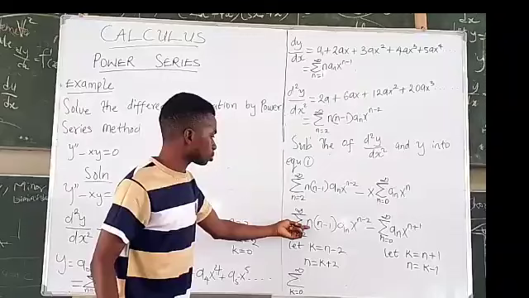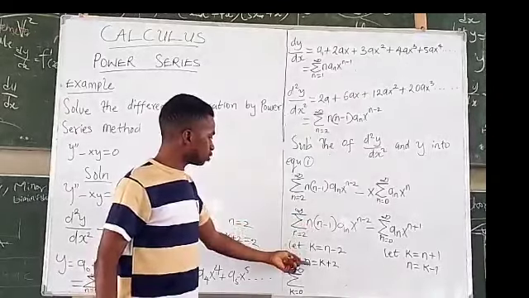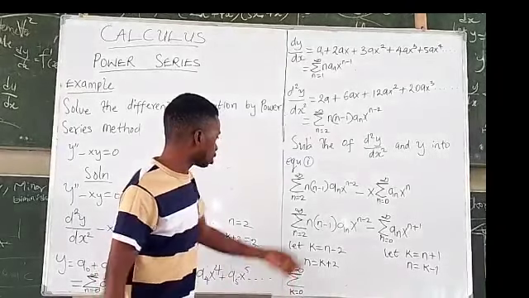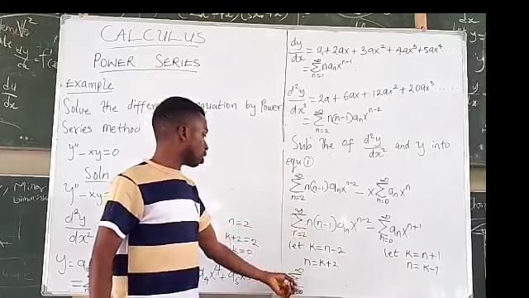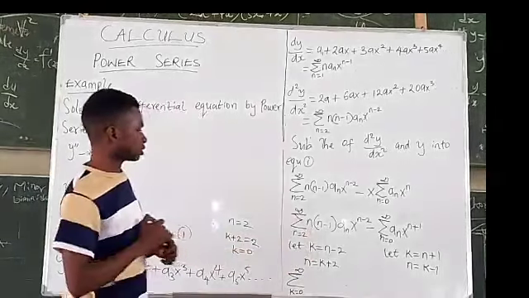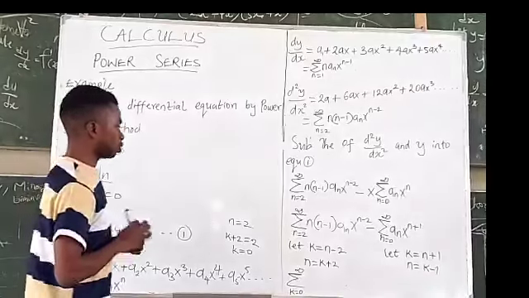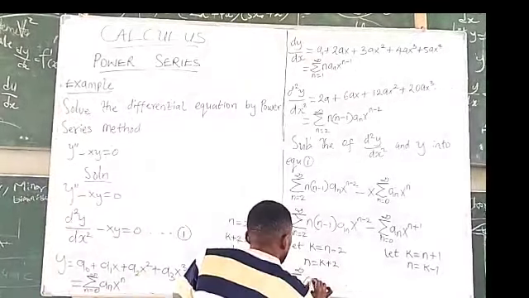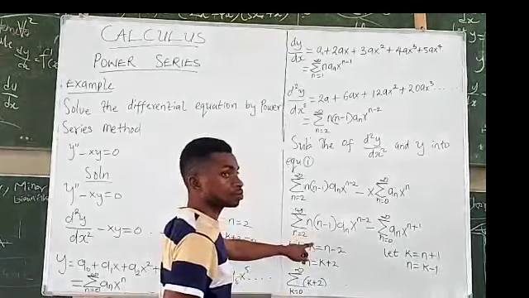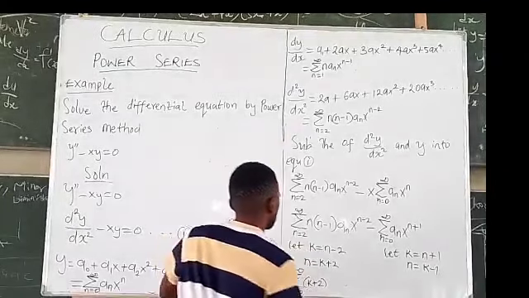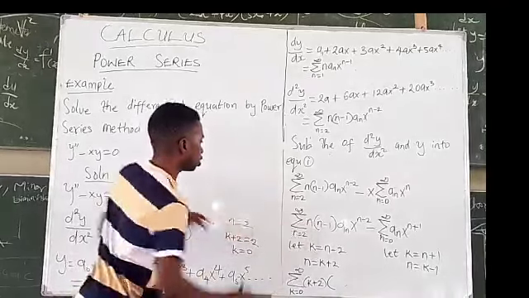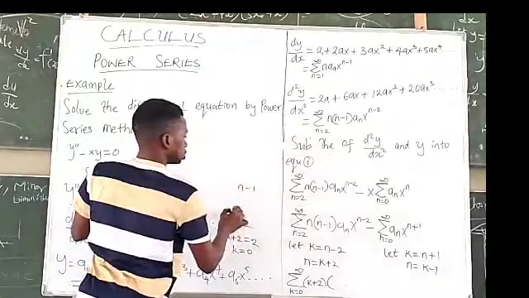Then from here we now substitute the value of n, which is k plus 2. Then this n becomes, we substitute the value of n here, which is n minus 1.